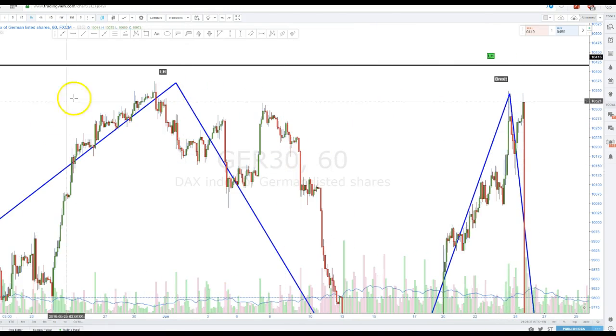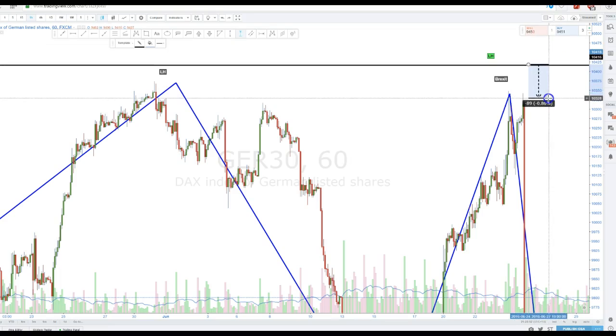On this chart, however, you get the market putting in an absolute highest close at about 10,319. Okay, now the gap between that and 10,319 is 100 points, right?